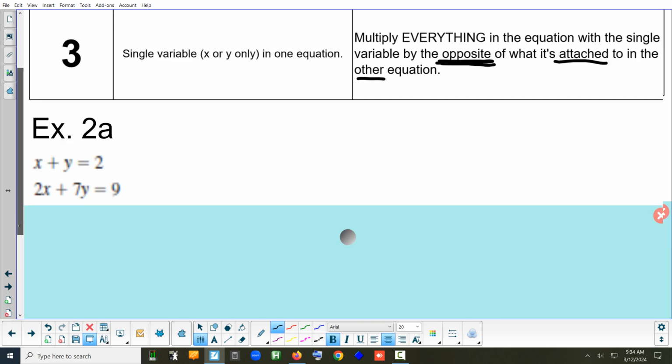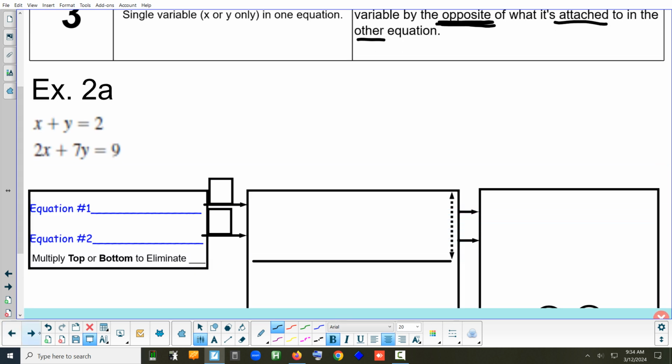Let's copy everything into our table. Okay, the template is the same as the last one. Okay, Eli, before I copy the equations in this box, what do I have to make sure of? That the single variable is only in one equation.